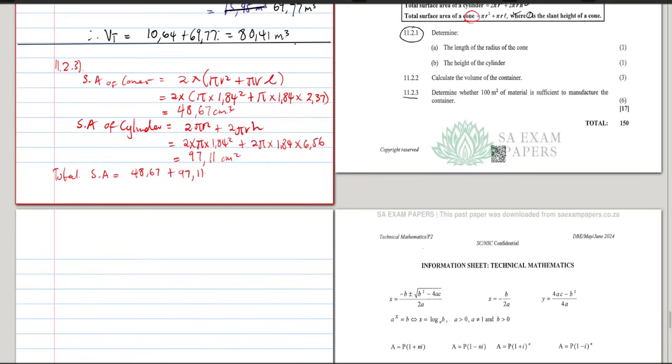So the answer is 145,78 square centimeters. Now the question is, will the material be enough? No, so we're going to be covering a 145,78 area. So 100 square meters will not be enough.